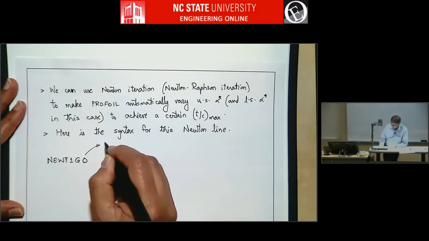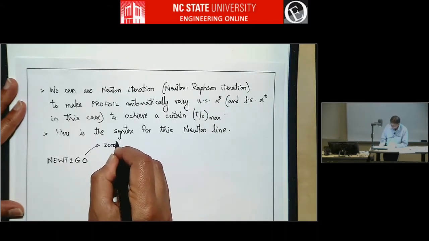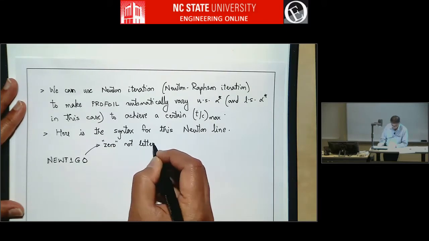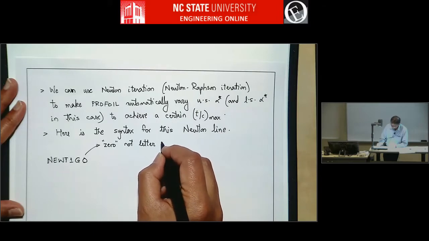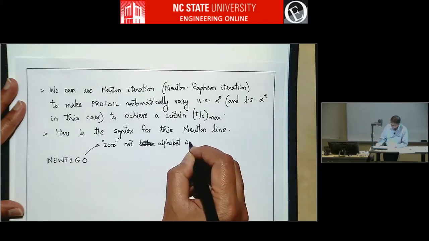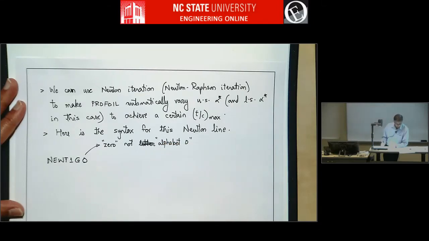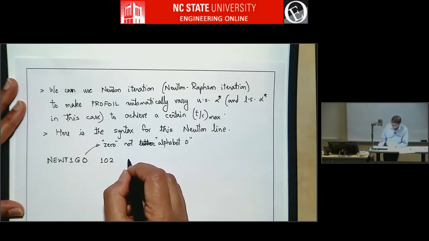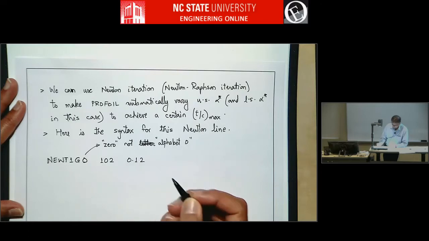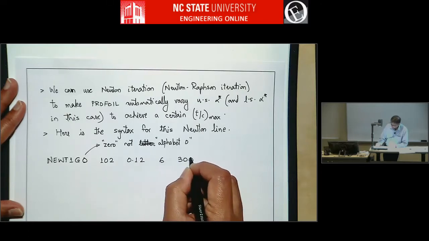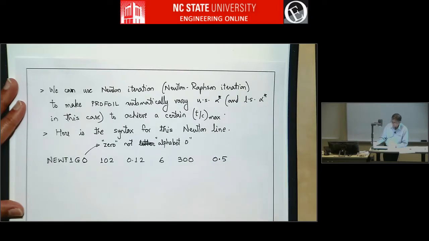This is 0, not O, so not the alphabet letter. So Newt 1 G0, 102, and then we wanted a desired thickness of 0.12, and then 6, 300, and then 0.5.